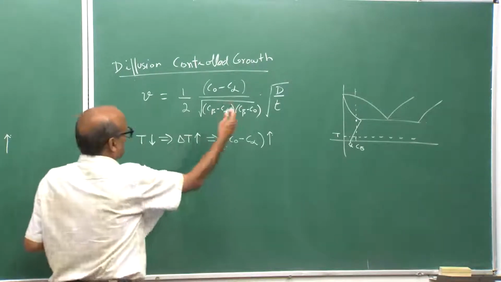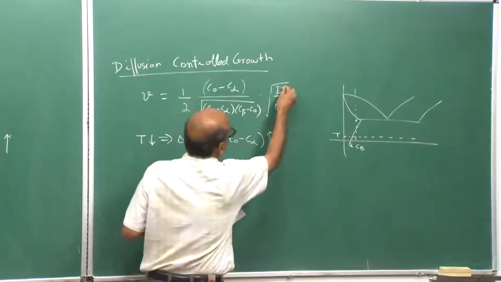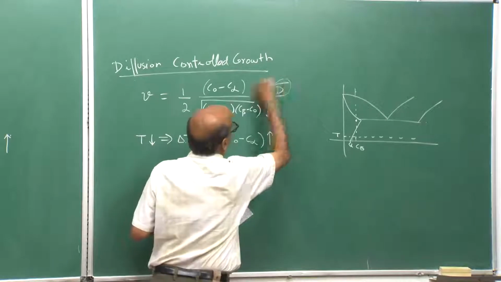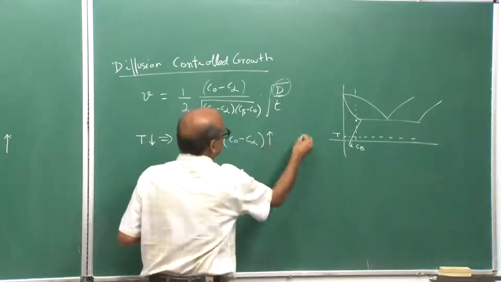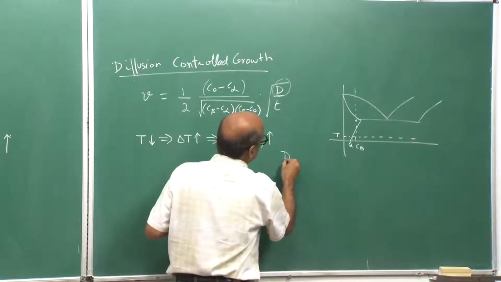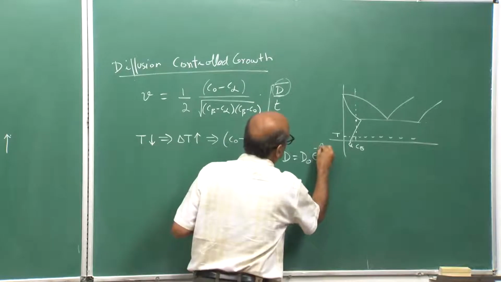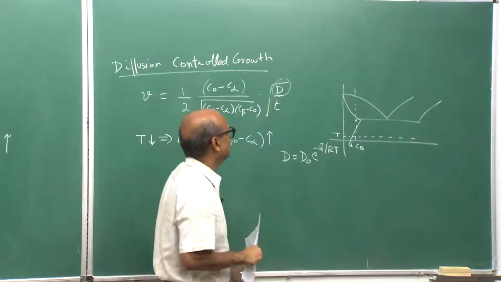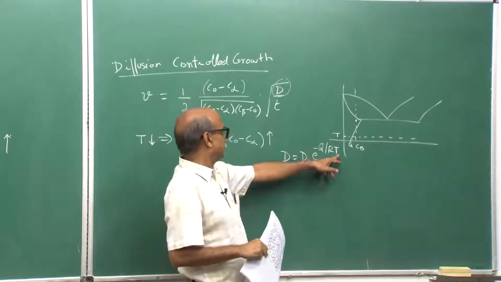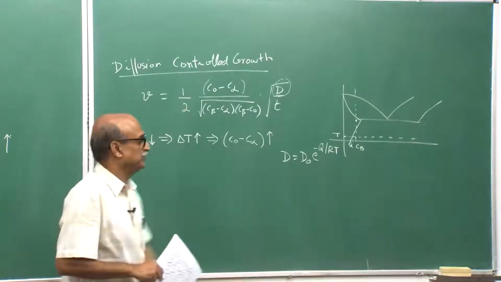What other term is affected as the temperature is changed or the undercooling is changed? The coefficient of diffusion. What is the coefficient of diffusion? D. We all know that D equals D naught e to power minus Q divided by RT, where Q is the activation energy for diffusion, T is the temperature, R is a gas constant, D naught is the frequency factor.